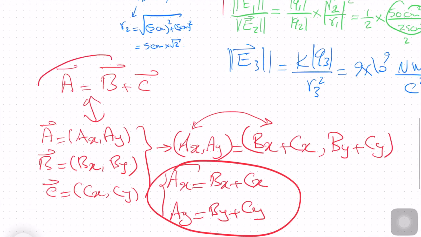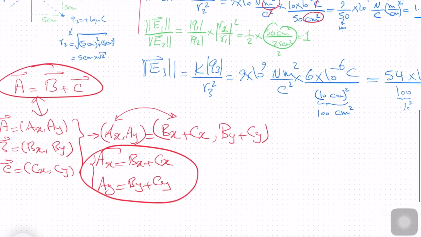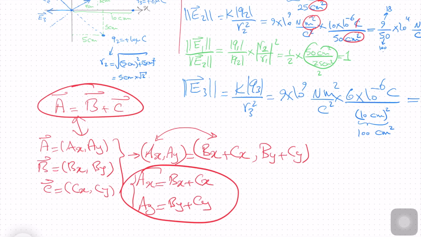So these two lines are equivalent to the first line. Okay, so we're going to use this, except instead of ABC, we have E net, E1, E2, and E3.